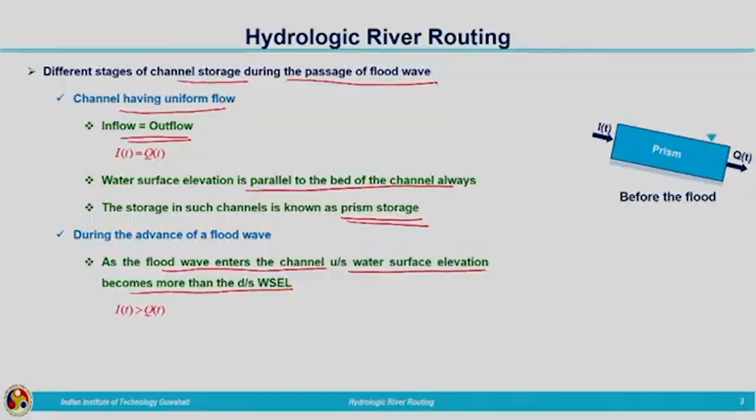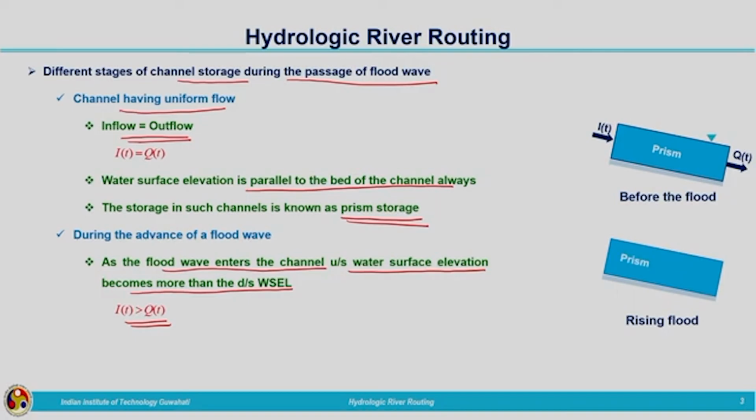In such cases, IT will be greater than QT, and we can represent the case of an advance of a flood wave by making use of this figure. As the flood wave is entering, it can be represented by means of a rising of water level in the inflow region, upstream region. So, this is the case before the flood. We are having the prism storage.